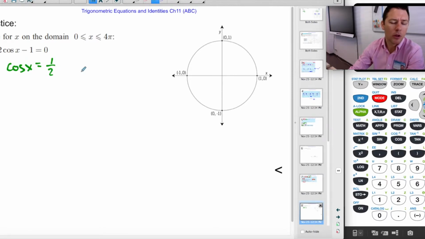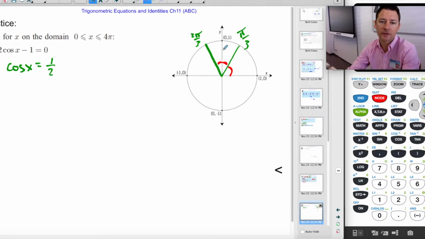Not a problem. Where does that happen? Well, it happens here at 60 degrees, otherwise known as pi thirds, and it also happens over here at 2 pi thirds. Pi thirds is 2 sets of 30 degrees. So here's another 30, here's another 30, so this one is another 60 degrees. So there's my 2 sets, fine.